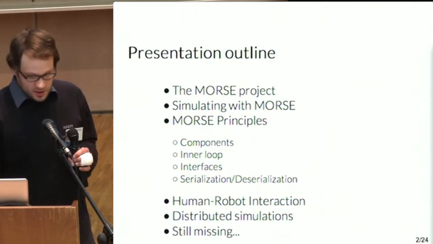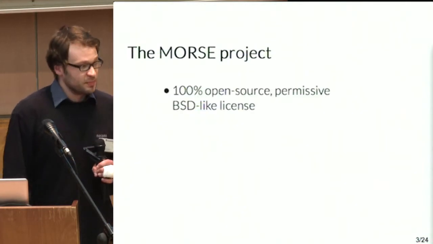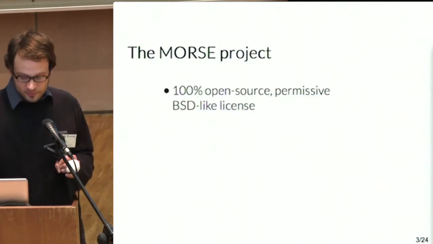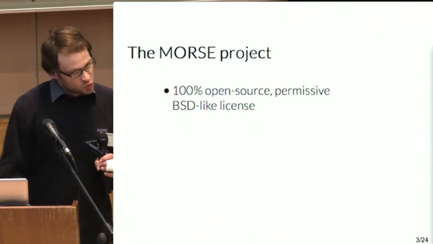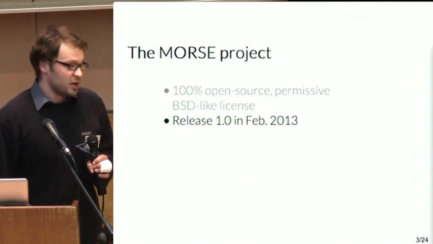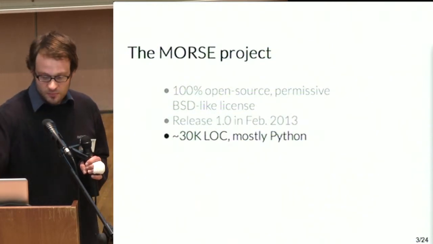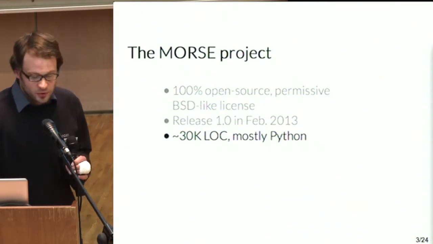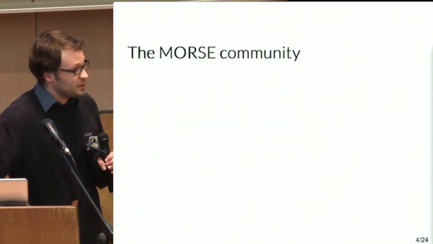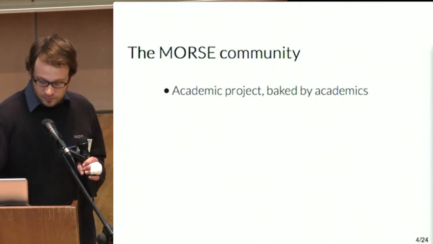The MORSE project is a 100% open source project. It uses a permissive BSD-like license. And just 2 months ago, we had our 1.0 release, which included about 30,000 lines of code, mostly written in Python. MORSE has a very active community that evolved out of academics and is mostly also populated by academics.